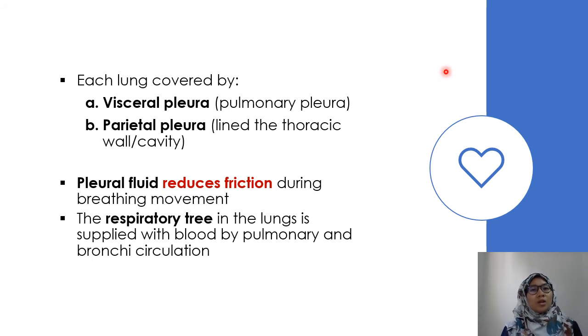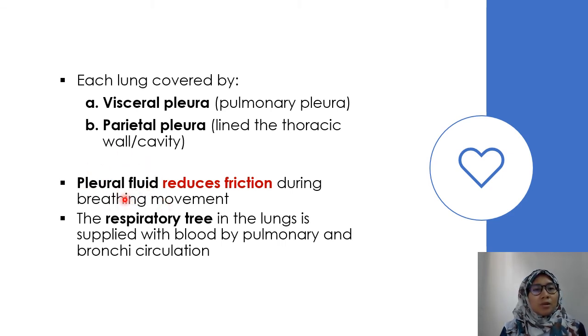Each lung is covered by a wall, the visceral pleura, and then it has the parietal pleura. The parietal pleura is the outermost one, lined with the thoracic wall. In between these there is pleural fluid.